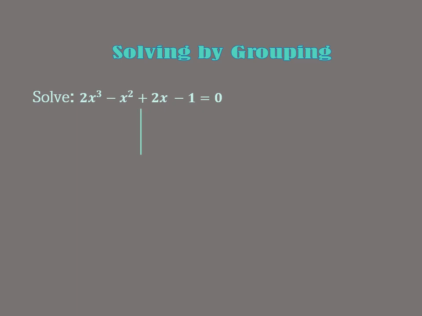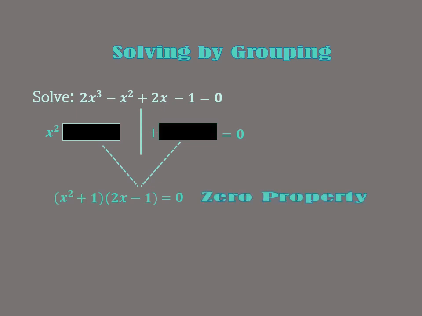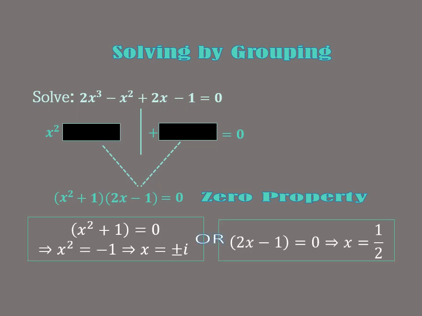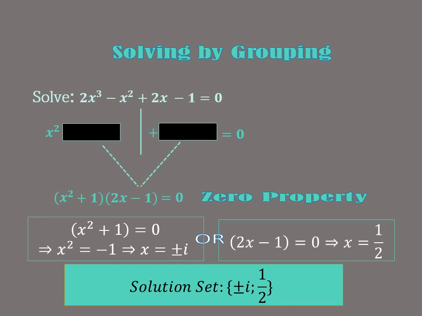So we're going to divide my polynomial into two groups. We're going to factor the first group, and we're going to factor the second group. Now, I notice in the two groups I have something in common. So we're going to factor this one out. And then from the first group, we're left with x squared. And from the second group, we're left with plus 1. Now we're going to use the zero property. Therefore, the solution set is as such.